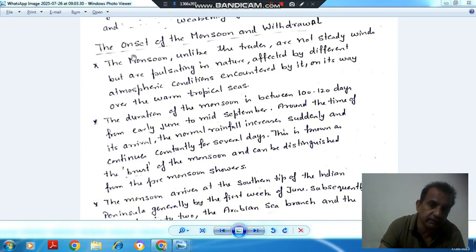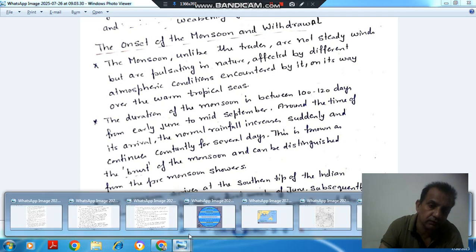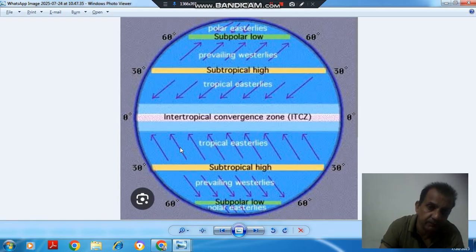The first point in this topic is that the monsoon, unlike the trade winds, are not steady winds but are pulsating in nature, affected by different atmospheric conditions and controlled by it on its way over the warm tropical seas. So the trade winds are like that. These are easterly winds in the tropical area in the northern hemisphere and in the southern hemisphere.